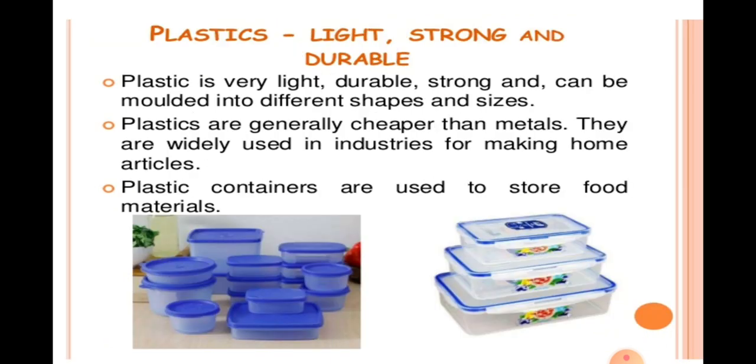Plastic is very light. It is very durable. It is strong and it can be molded into different shapes and sizes. Plastics are generally cheaper than metals. They are widely used in industry for making home articles. Plastic containers are used to store food materials.